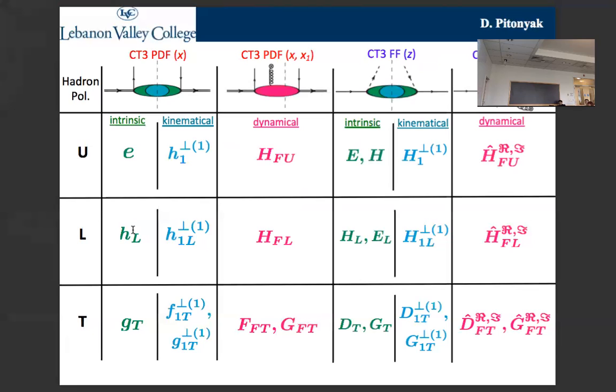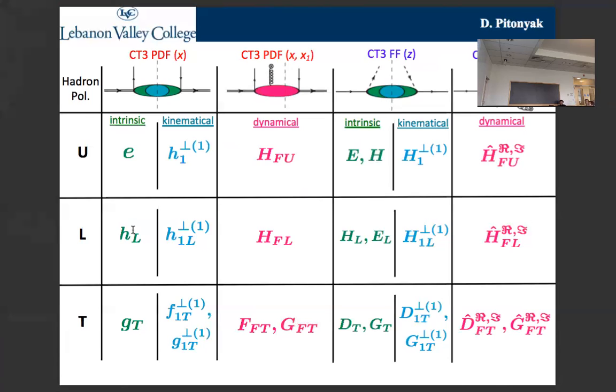For example, this function F_FT at the kinematical point x_1 equals x is what we more commonly call the Qiu-Sterman function. The notation T_F is used, but that's related to the first moment of the Sivers function.